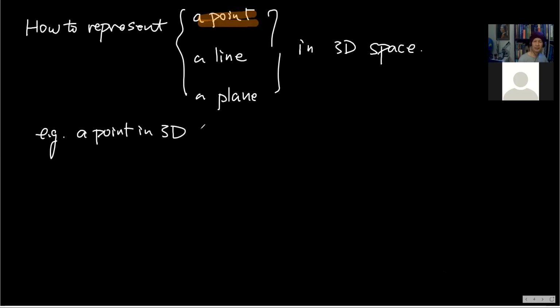Do you want to try? Just use the idea we just introduced, using vector. Probably that will help you to understand what we just discussed today. How do we describe this point? You use a vector or not?